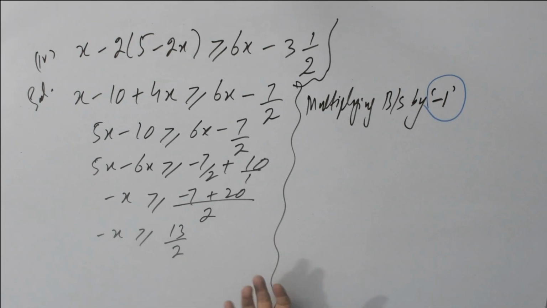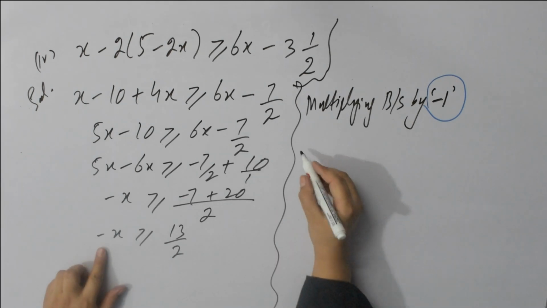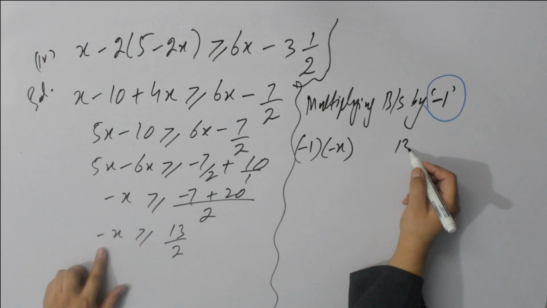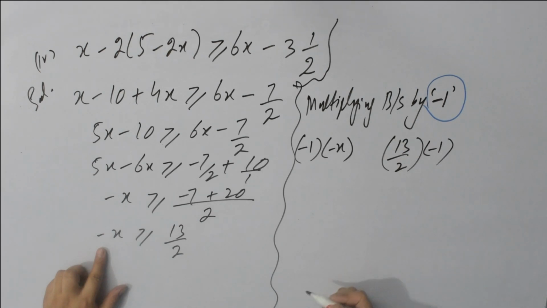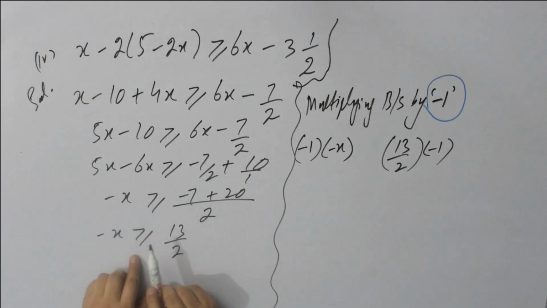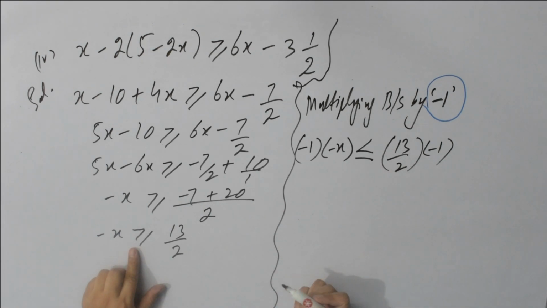Now again, whenever you multiply or divide by a negative number, remember this. When you multiply minus 1 into minus x, and 13 by 2 into minus 1, this inequality will reverse, the sign of this inequality. Greater than or equal to will change into less than or equal to.